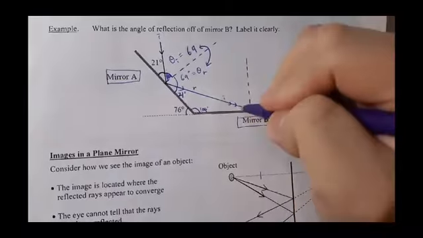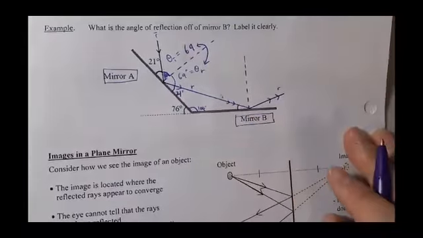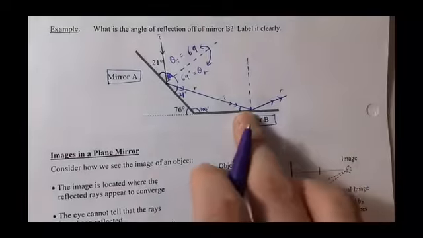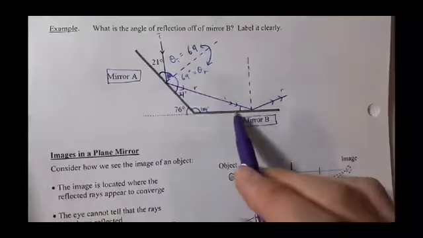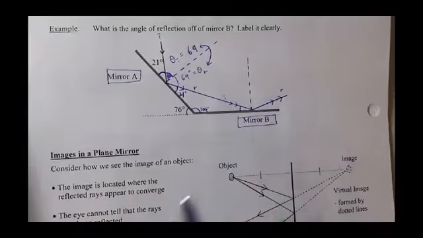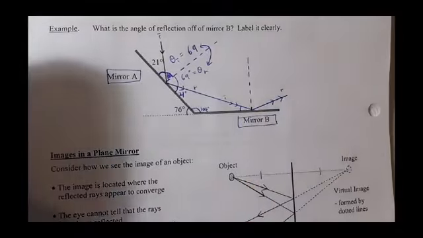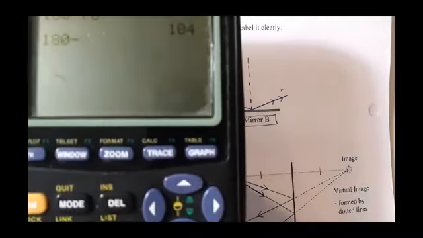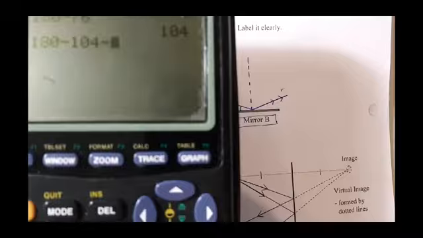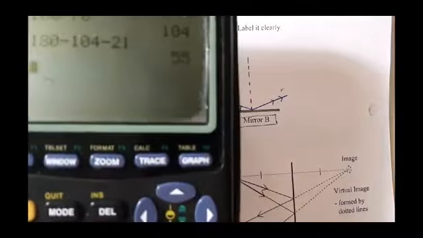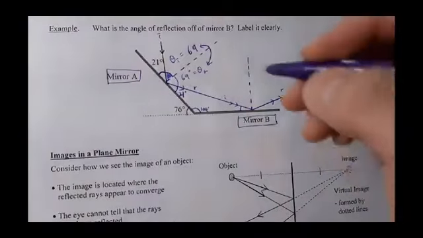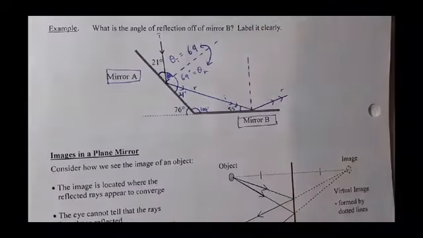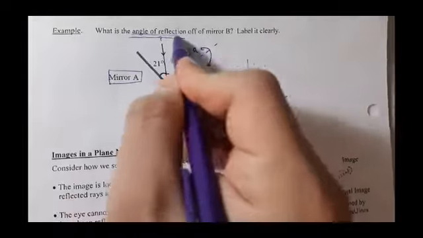degree. And I can actually find out how much angle I can create for this mirror surface B and the incident angle on my second radiation. The way that I can do it is basically subtract from my total angle: 180 minus 104 minus 21, which gives me 55. Now be careful. The question is asking for the angle of reflection.